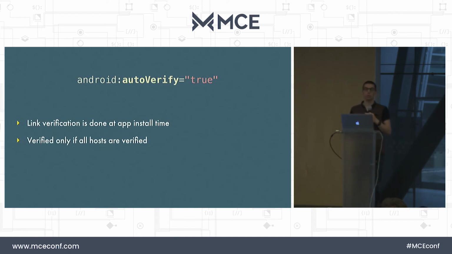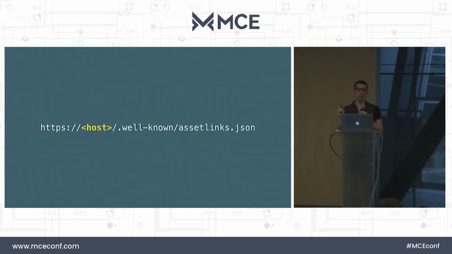So under the hood, the system will basically go to those links. It will always go to https://, it will replace the host with the host that you've put inside the intent filter, and then it will go to something called well-known asset links.